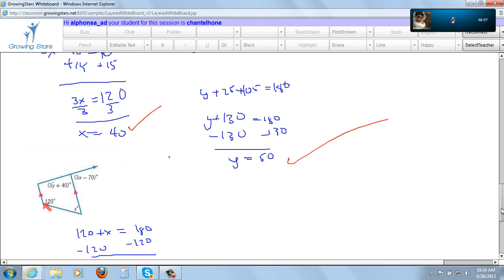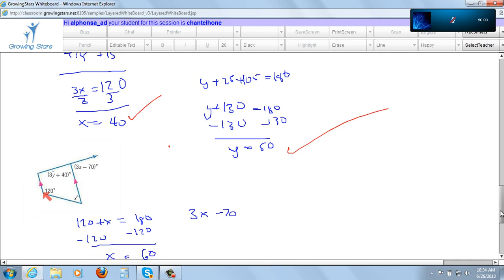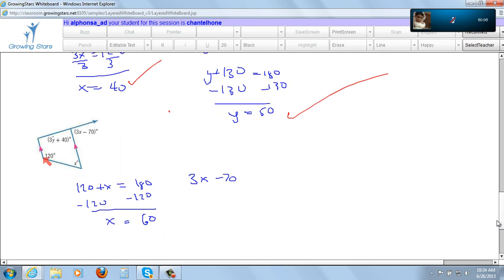Okay, now we got the value of x, then you can plug in x. Yes, correct, good. Here the reason is consecutive interior.